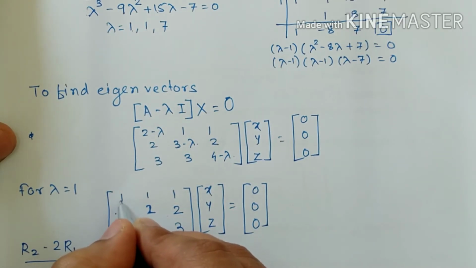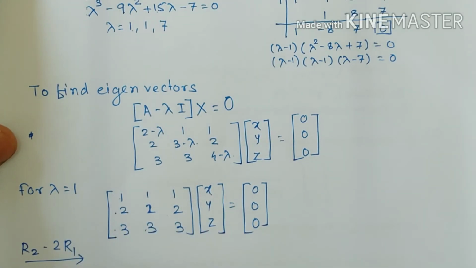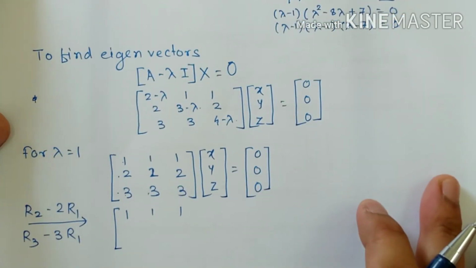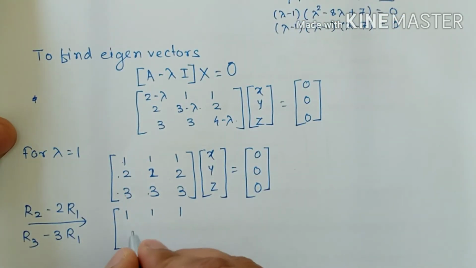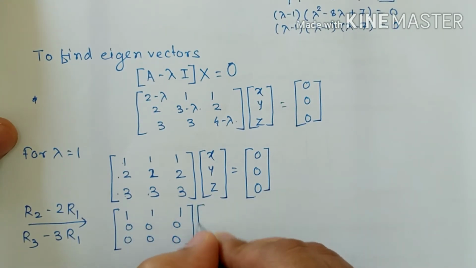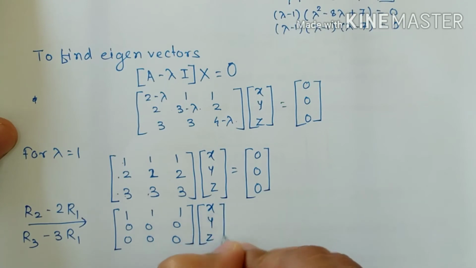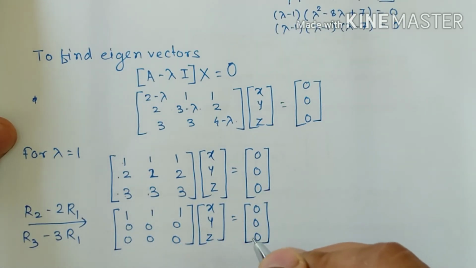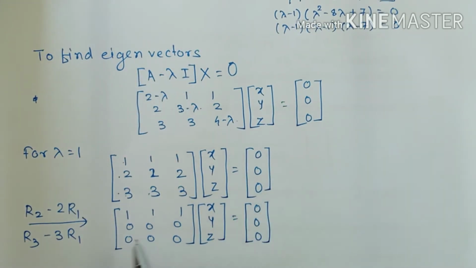As 1 is present, 2 minus 2 becomes 0. For getting 0 in the third row, we multiply the first row by 3. As you can see, the second and third rows are multiples of the first row. Hence the second and third rows directly become zeros. What I am getting is only one equation.